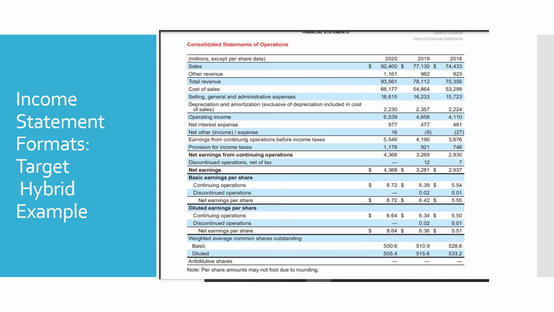They also have one non-operating item, net interest expense, that they're subtracting out to come down to earnings from continuing operations, a provision for taxes, and net income from continuing operations.